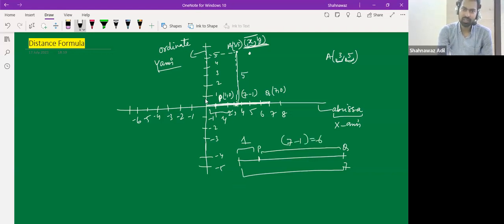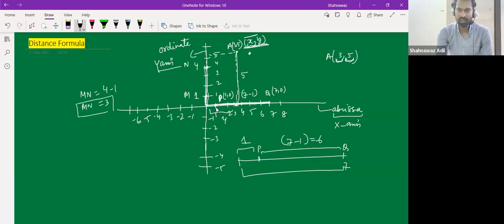Similarly, if I have these 2 points, let's say this is 4 and this is 1, and these are M and N. If I want to calculate the MN distance, from here to here this is 4, and from here to here this is 1. So this would be 4 minus 1, which is 3.